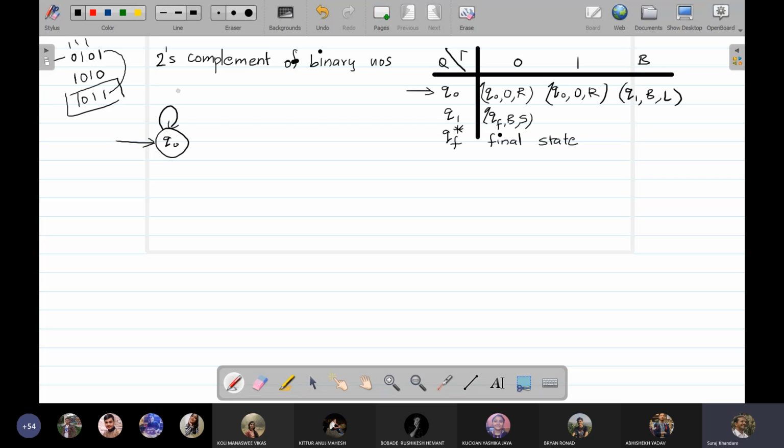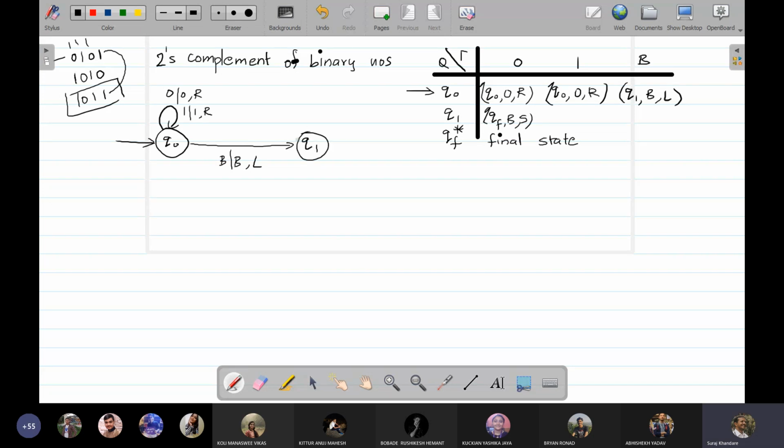We keep moving to the right, keep 0 as it is, keep 1 as it is, and we move to the right blank symbol. So we move to the right blank symbol, keep blank as it is, and then we start moving to the left.